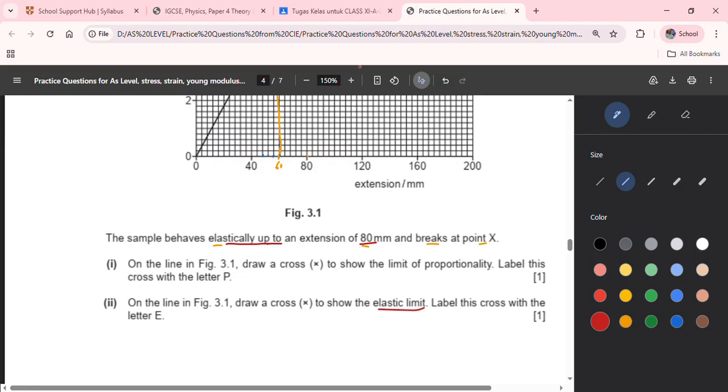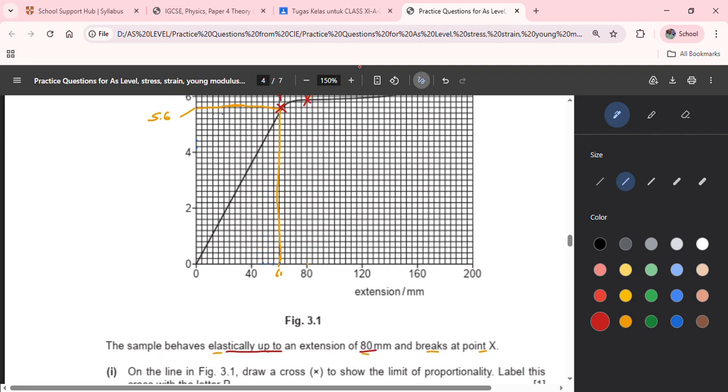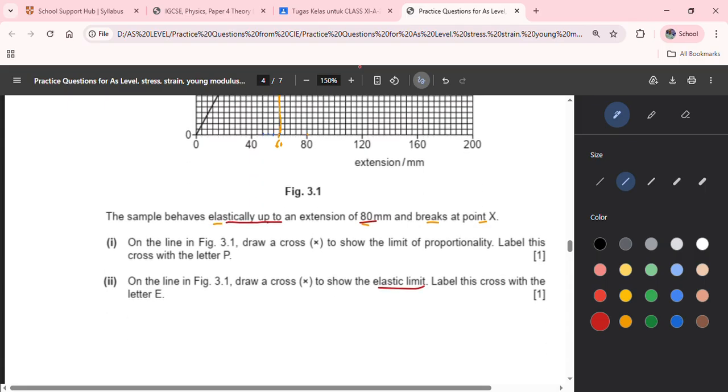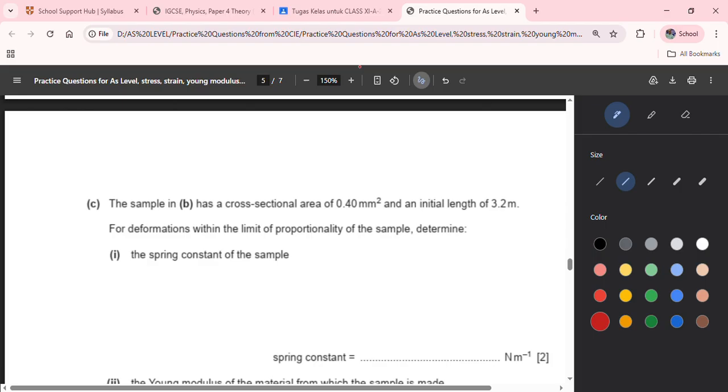So the elastic limit is at 80. This one, at 80, and then this, about 5.8. The next one, the sample has a cross-sectional area of 0.4 and initial length of 3.2.